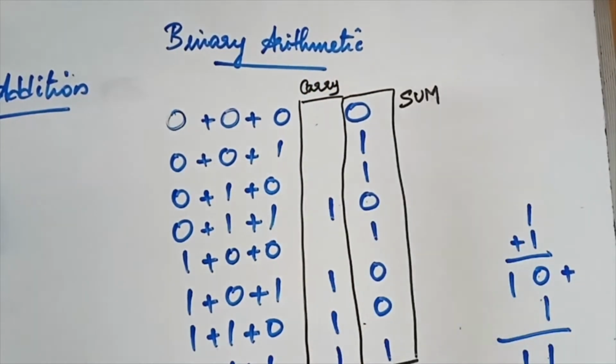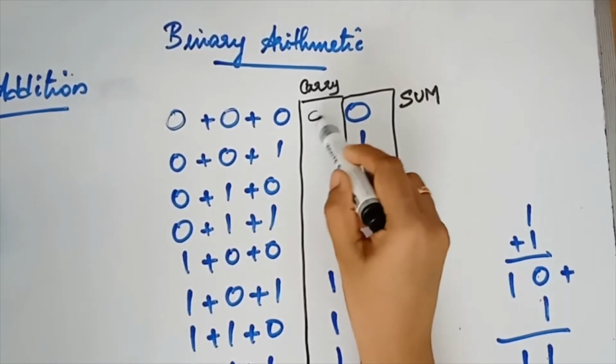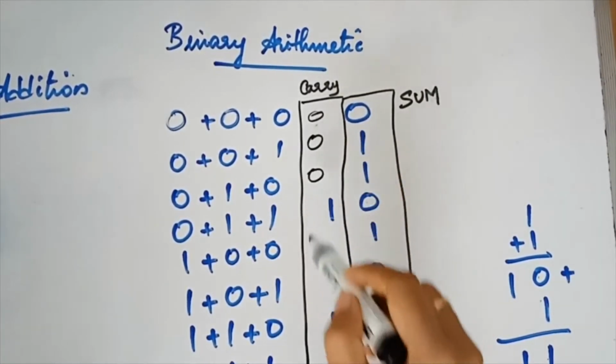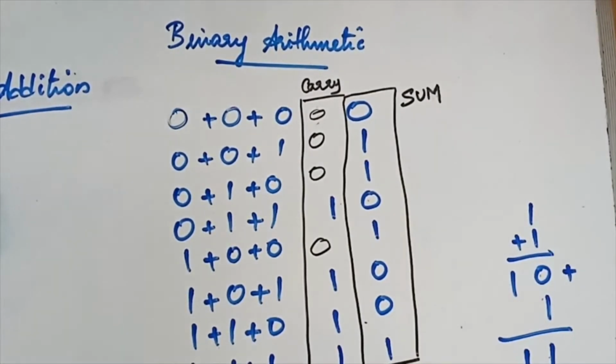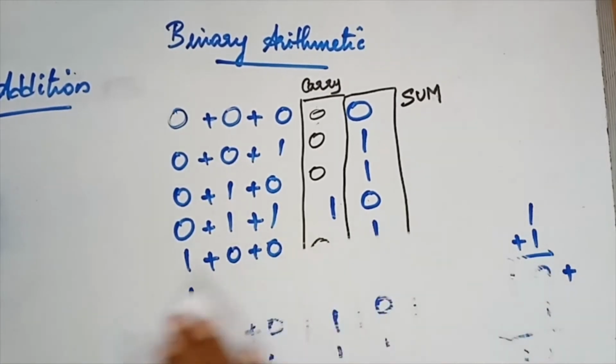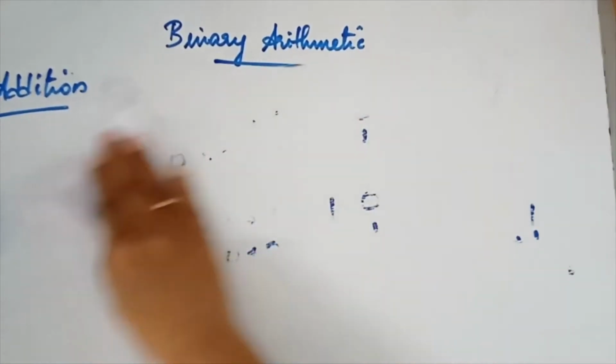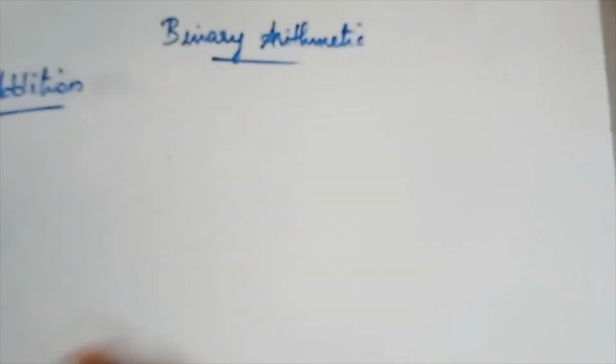In all the other cases the carry is 0; you don't have a carry. So this is binary addition. Okay. Now, let's take some big numbers.